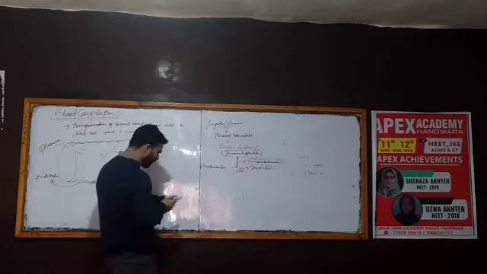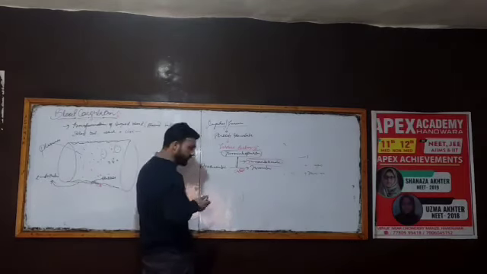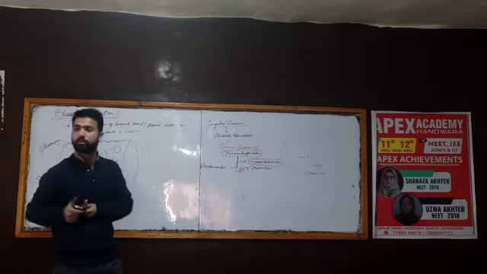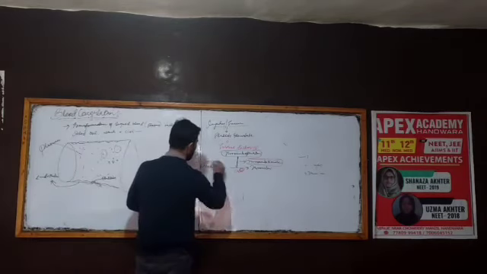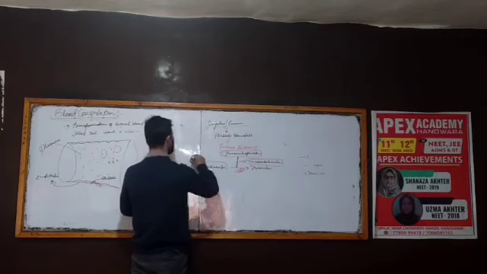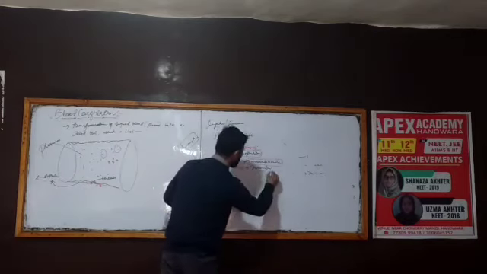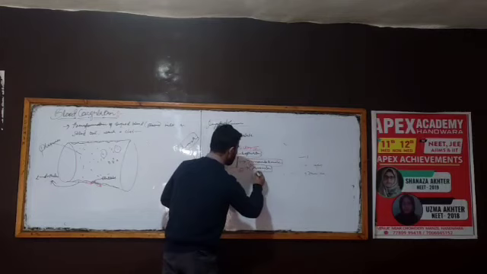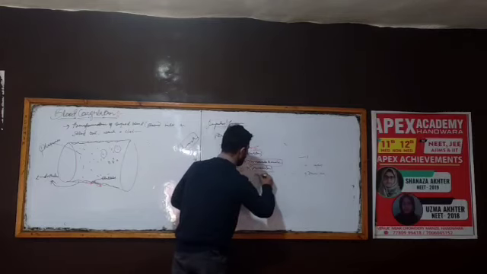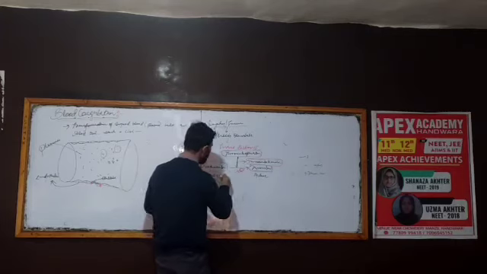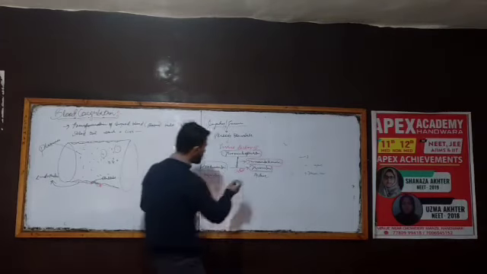Prothrombin is synthesized from which organ of the body? That is the liver. It is synthesized from the liver, right? Once this thrombin is formed, it is an active enzyme. This is inactive.